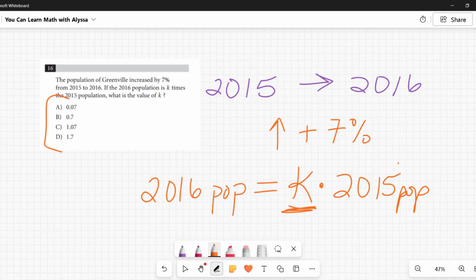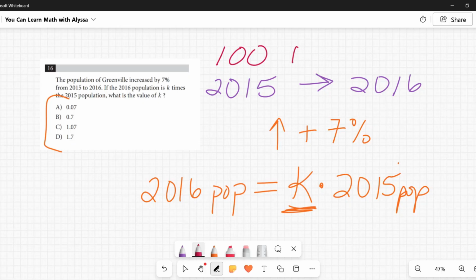I'm going to think about this two different ways, one using variables and one using real numbers. So I'm going to start with the real numbers. Let's say that the population in 2015 was 100. If it increased by 7%, that means you take 7% of 100 and add it to that 100.